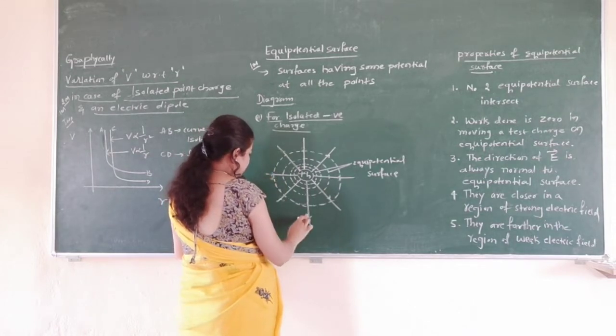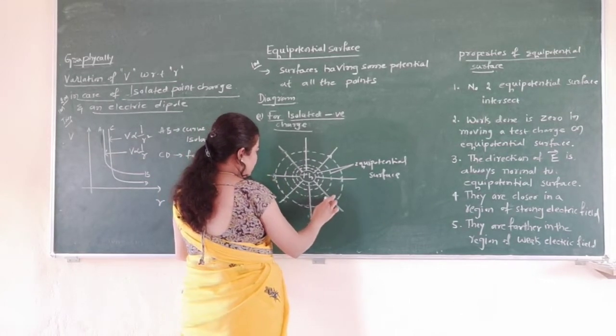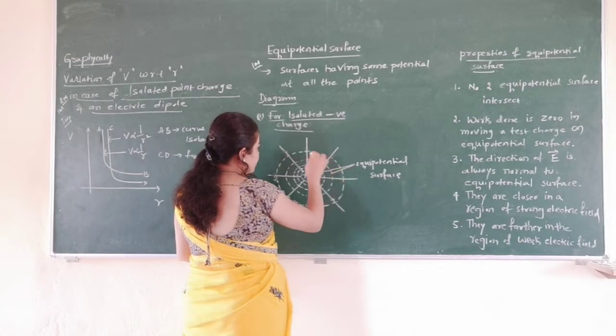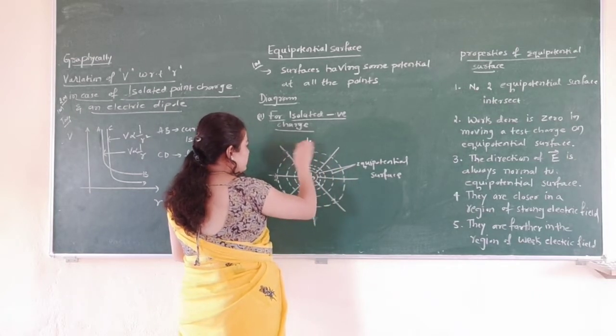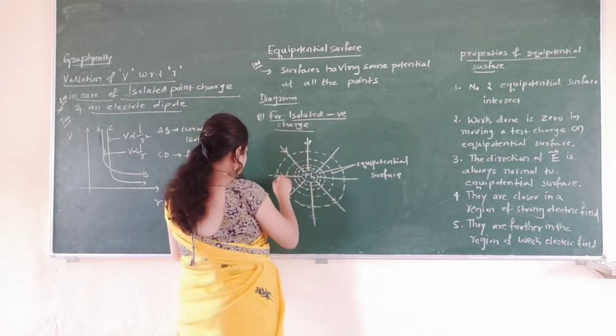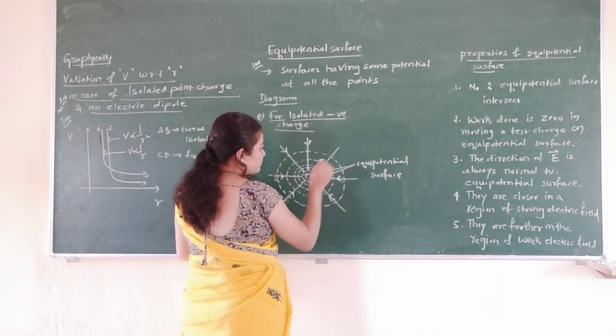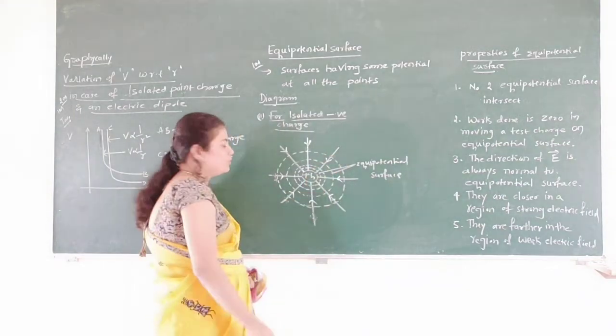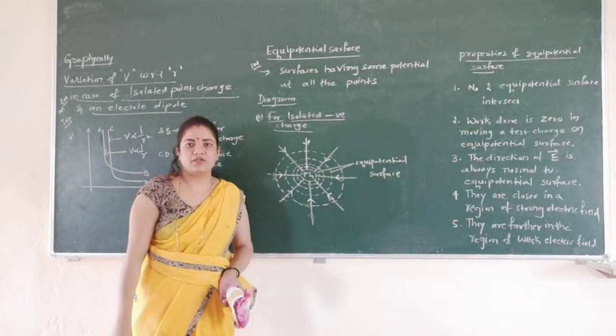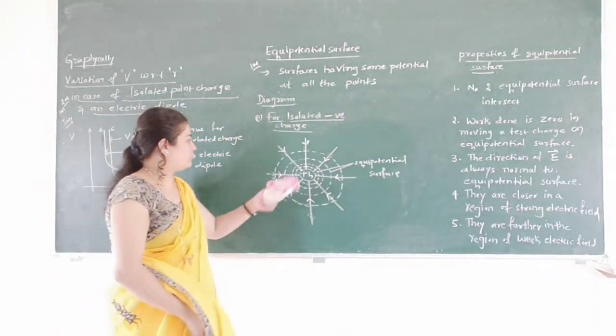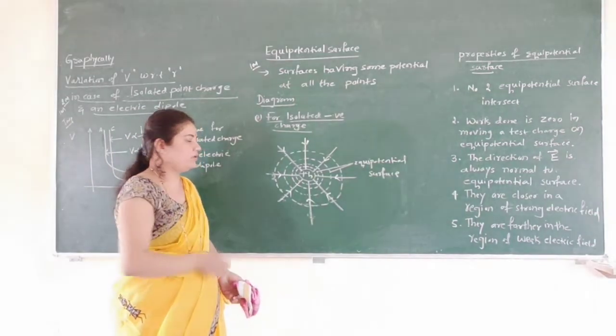That's it. I change it here only. We have to give arrows towards the charge. If you change only the direction of the arrowheads, you will get the equipotential surface for a negative charge.